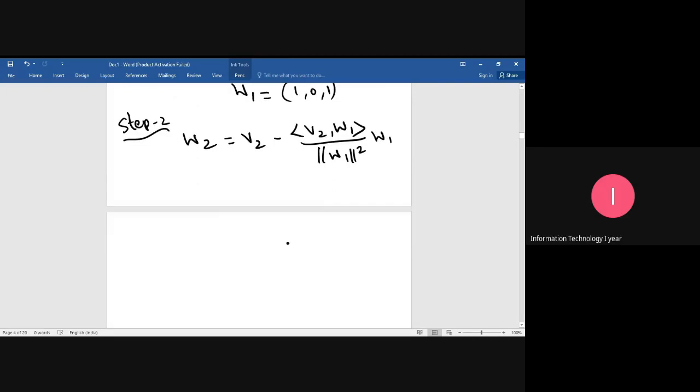So for this we need V2, it is a given vector, you can substitute it. But we need the inner product of V2 comma W1 and also norm W1 square.